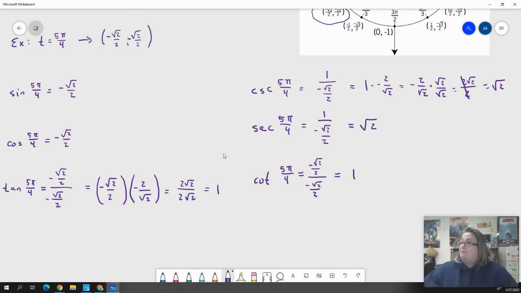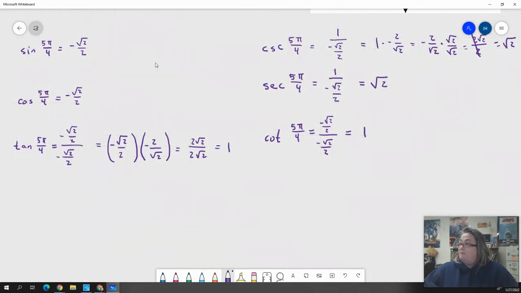So what can we say? We can say that the sine of 5 pi over 4 equals negative rad 2 over 2. Cosine of 5 pi over 4 also equals negative radical 2 over 2. Tangent of 5 pi over 4 equals 1.